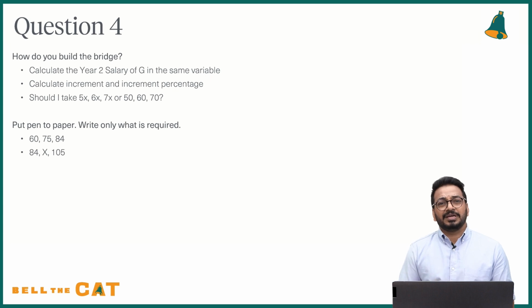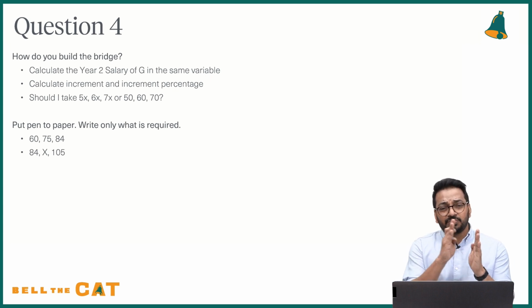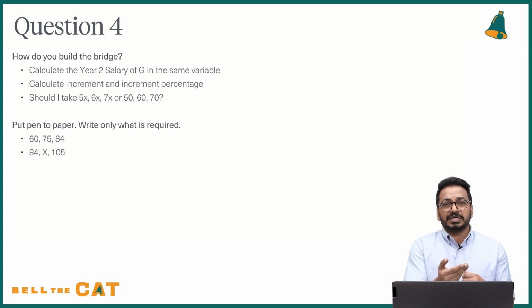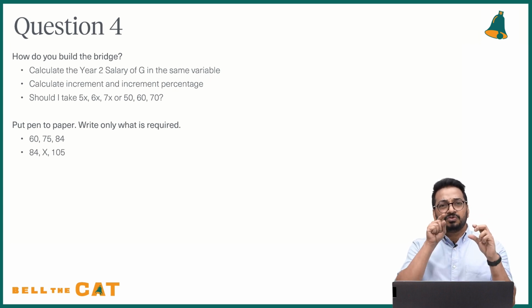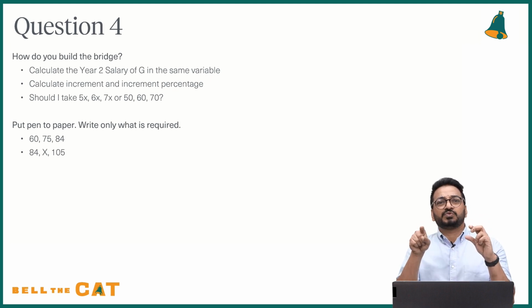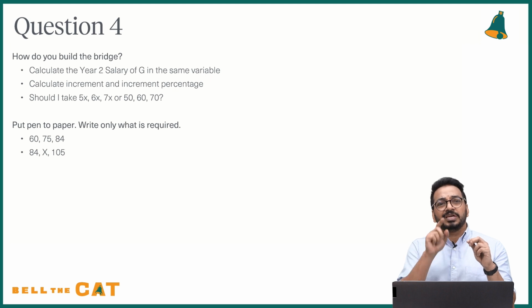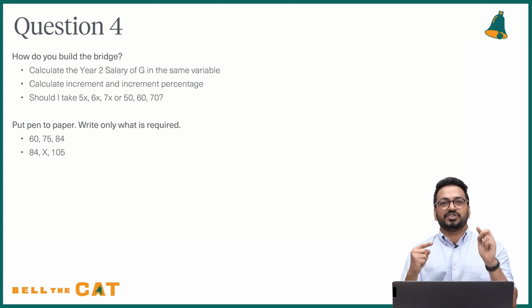Now the third thing, I know that Geeta's salary is equal to the average of the three. So if I want to know Geeta's salary, and I've already taken it as x, then x is equal to 84 plus x plus 105 divided by 3. Now instead of writing this, I will do a few things mentally. 84 plus 105 is 189. So 189 plus x divided by 3 is equal to x.